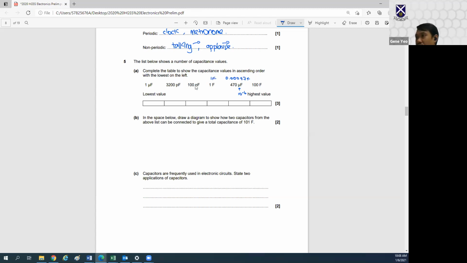This one I'll leave as 1 farad. This one is nano, so it's 1, 2, 3. So this is 0.12345, 1, 2, 3, 4, 5, 6. And this one is pico, so it's going to be an even longer one.